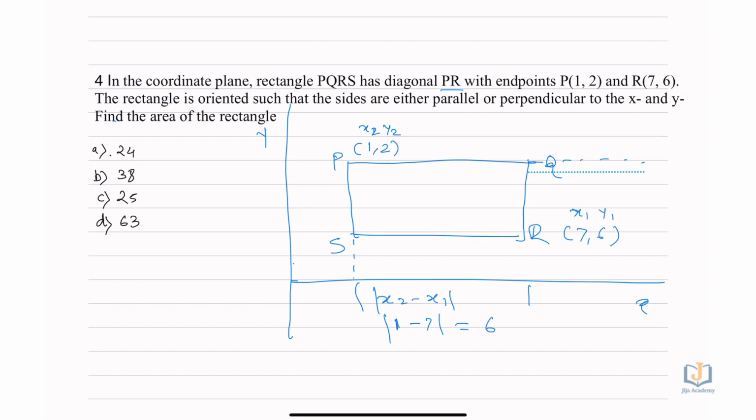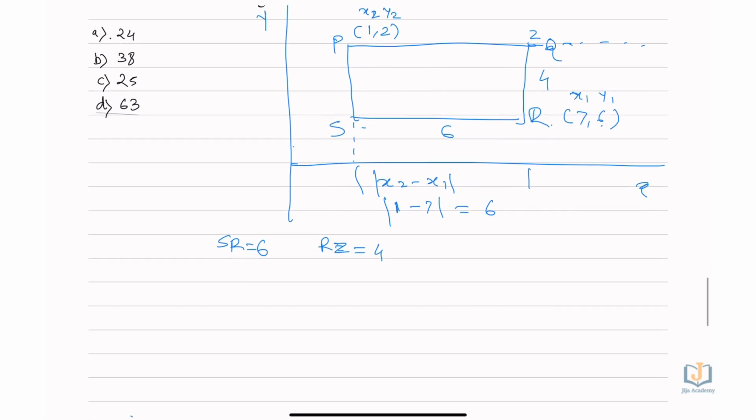So this distance is 6, and this distance from here to here is 2 and this is 6. So this is the fourth distance. So we get RS is equal to 4 and SR is equal to 6 according to this coordinate. So area of the rectangle is equal to 6 into 4 is equal to 24.